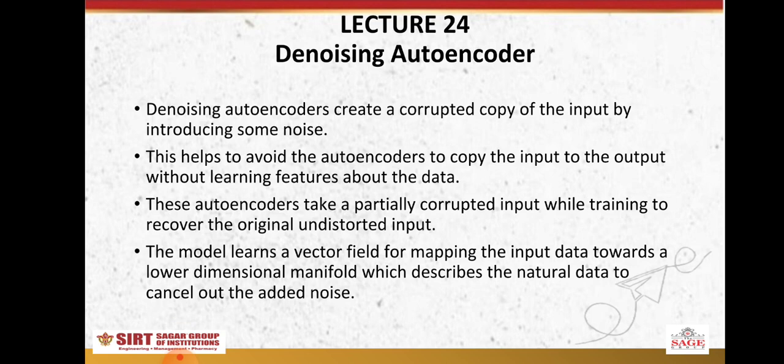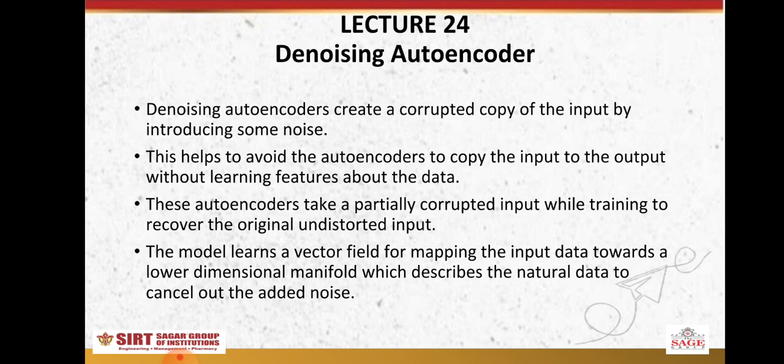When noise is introduced into the input data, the model learns from the features and does not copy the same input at the output place. Once the noise is introduced, it accepts that partially corrupted input, and then it gets trained to ultimately recover the original undistorted input at the output place.